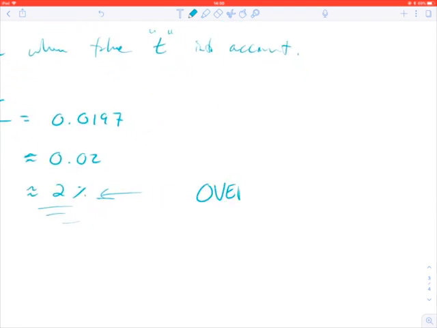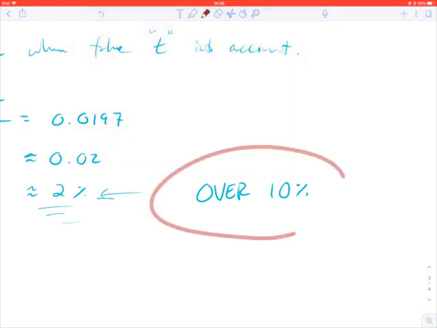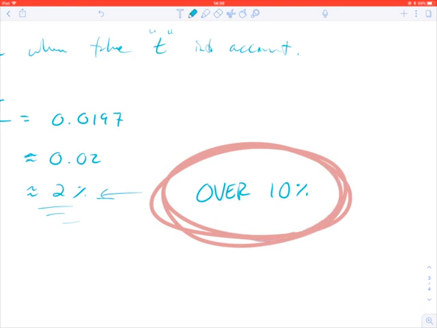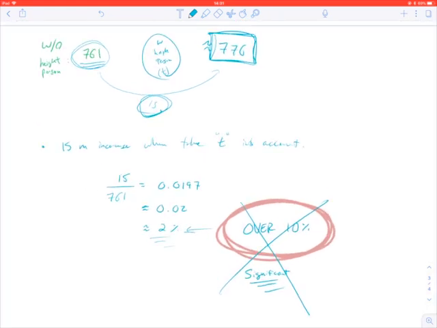We'd say that if it's over 10%, maybe you want to write that down, hint, hint, hint. If it's over 10%, we'd say the change is significant. This is under 10%, so it's not significant, right? Think about this: 761 is about 3/4 of a kilometer.